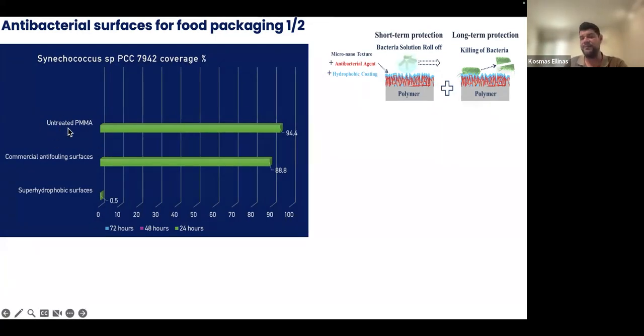So if we have untreated PMMA, we have a very high coverage of bacteria solution on the surface. So the bacteria stick on the surface and stay there.